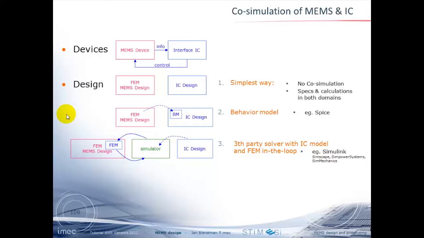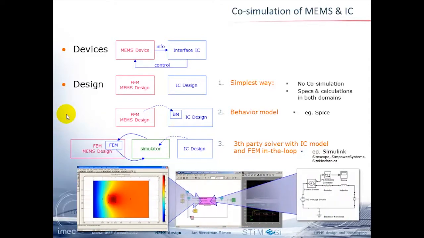So with COMSOL, and nowadays you can still do it, you can make a finite element model and import it as an S function into Simulink, and then you can also add some electronic components like here.